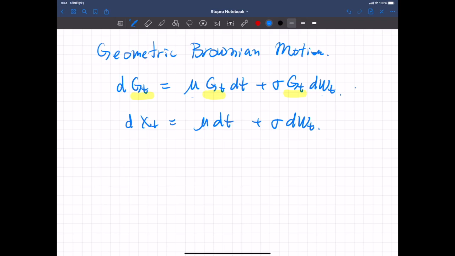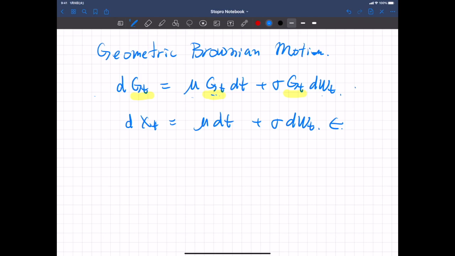This makes it so that, for example, if the initial value of Gt is positive, then this process always stays positive, because as soon as it becomes 0, it cannot change anymore. So it won't be negative. On the other hand, in this Ito process, Xt can be either positive or negative.